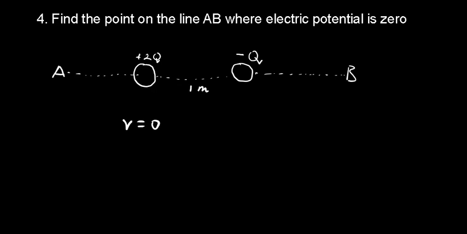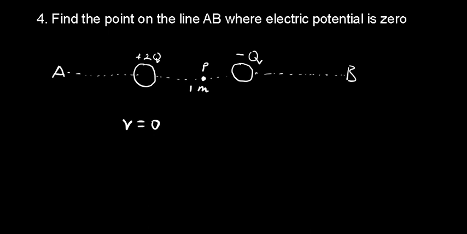Now, let us try to choose point P here. Point P is between the two charges, the positive charge and the negative charge.